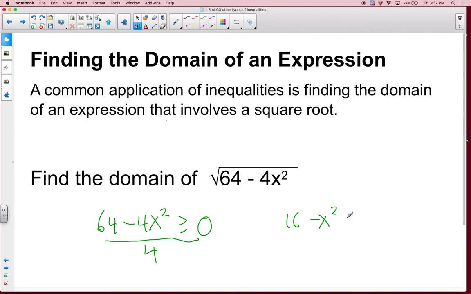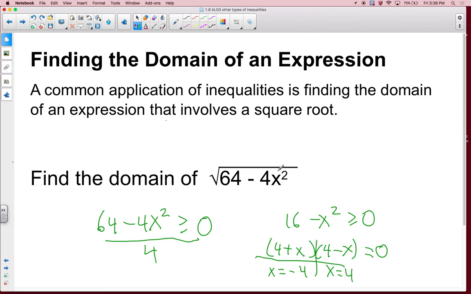minus x squared is greater than or equal to 0. Factoring this, I get 4 plus x and 4 minus x, using difference of two squares. Setting it equal to 0 so we can find our critical values, we get x is -4 and x is 4. Okay, so those are our critical values.